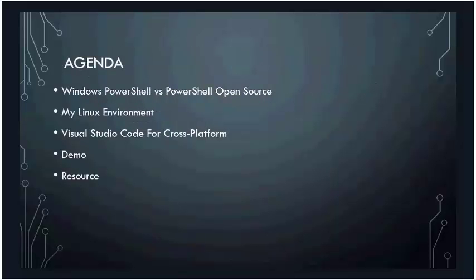Alright, so our agenda for today is a quick review of PowerShell for Windows and the open source version. Then I'm going to cover a little bit about my environment, the Linux environment. And we're going to go through Visual Studio Code. I think this part, you're going to like it very much.